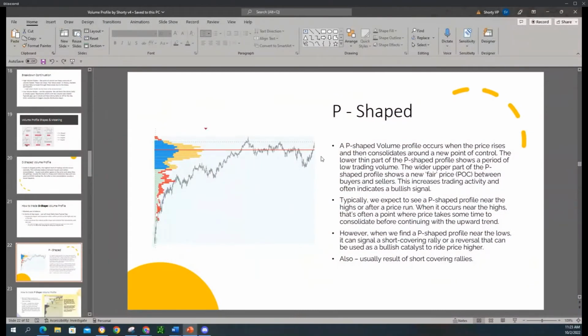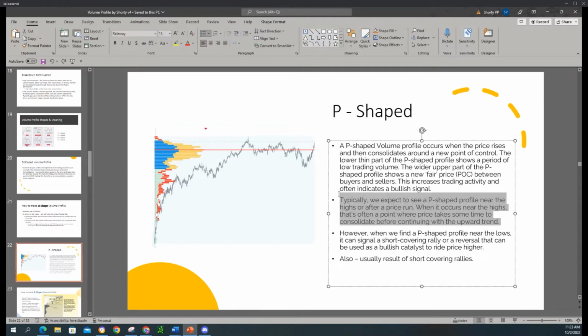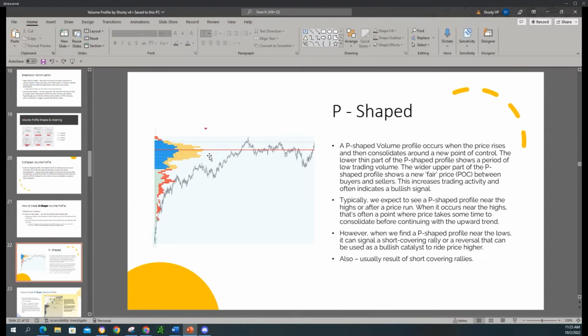So any questions on P-shape? Make sure you understand this. Usually when you're in an uptrend, you're going to see a lot of P-shapes. But when this occurs at the bottom, it can mean short covering. I showed you guys from June how they did it.